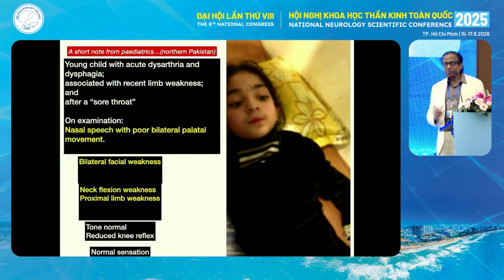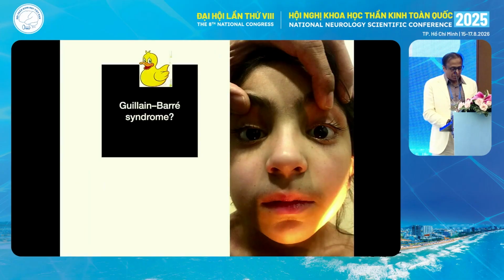You agree? So I told my resident, my Pakistani resident who was helping me translate, I said, when something looks like a duck, walks like a duck, flies like a duck, quacks like a duck, and you know, we all like to eat duck, tastes like a duck, it's a duck.